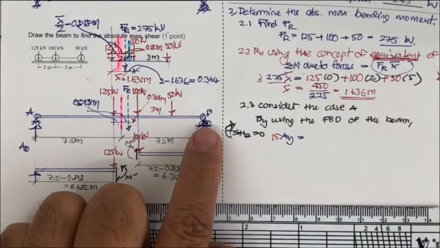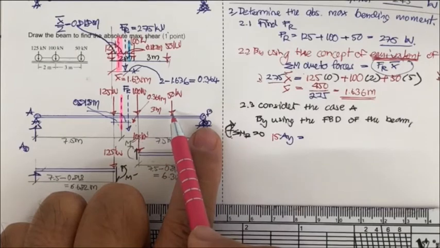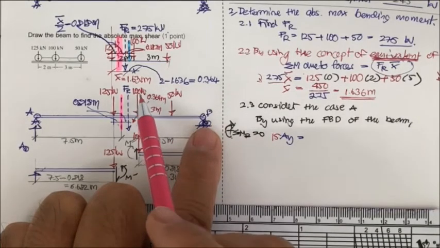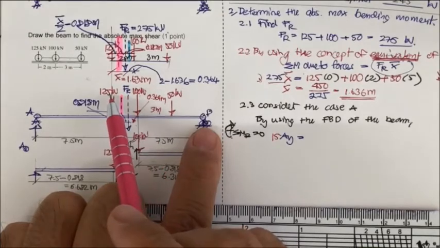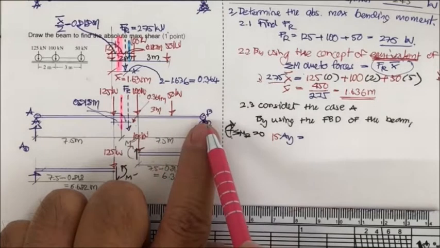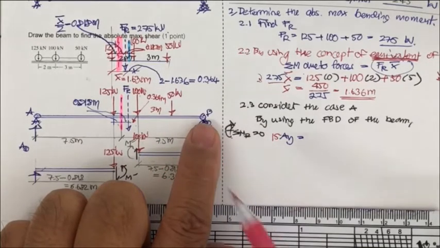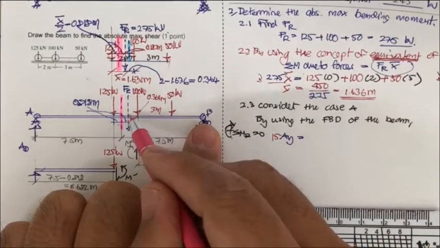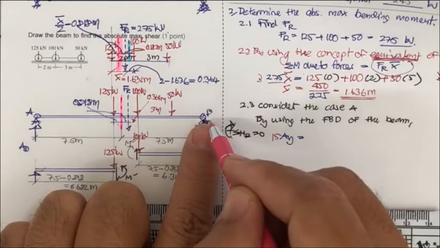If you like to have the hard choice, you may determine the moment by using this 50 kilonewton, this 100 kilonewton, and this 125 kilonewton about B. And if you like the easy way, you may use the F sub R times the distance here.